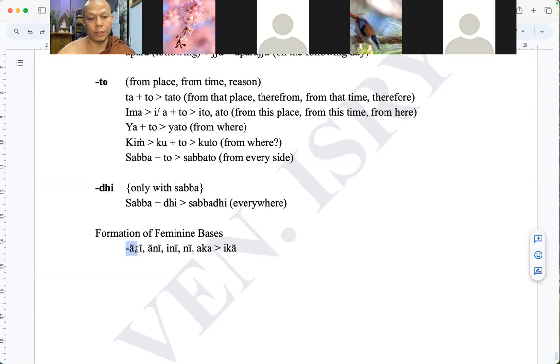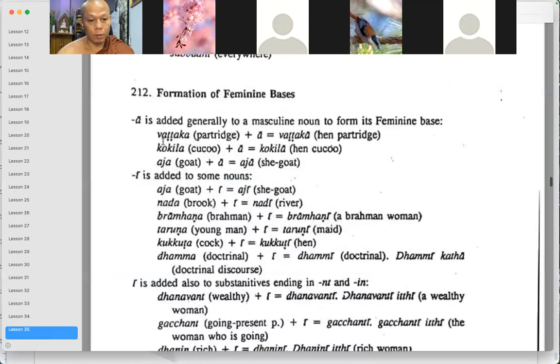So one is the suffix R. So R is added, generally to a masculine noun.